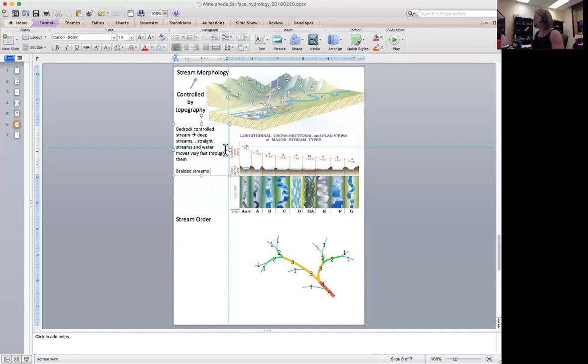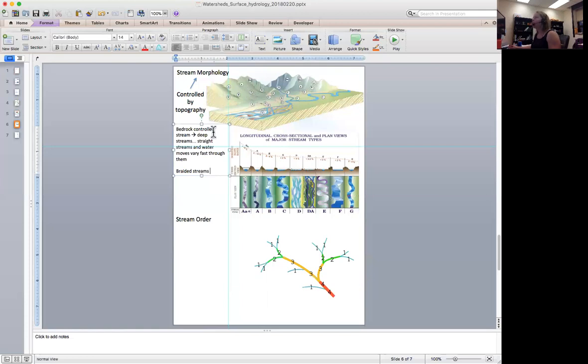And these braided streams have lost a little bit of the energy. They tend to be at the slopes, or the down positions, of many of these more straight streams.